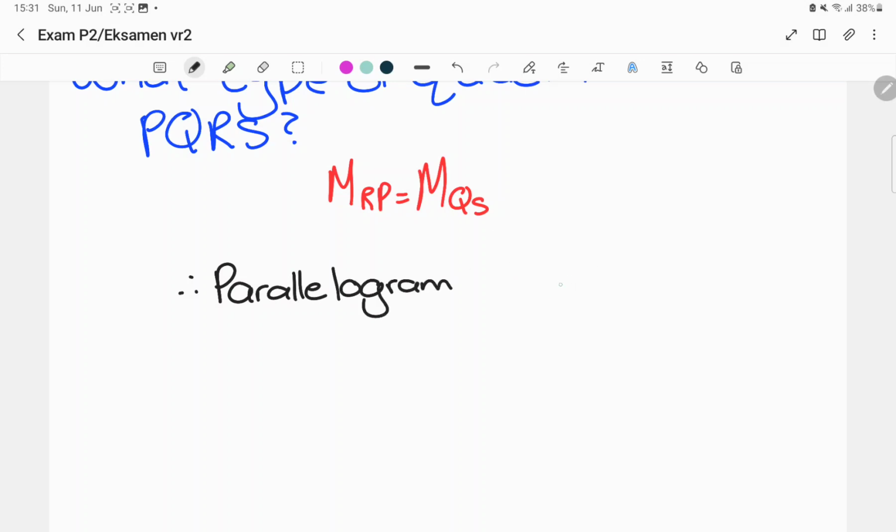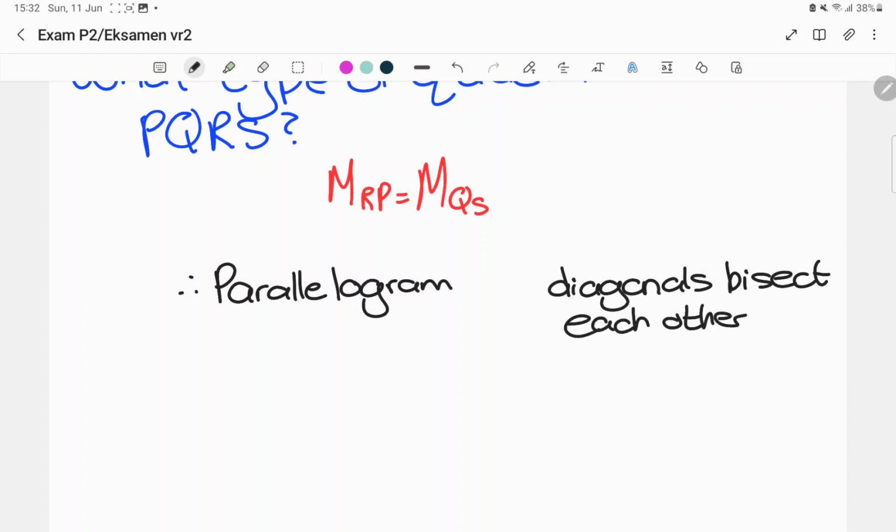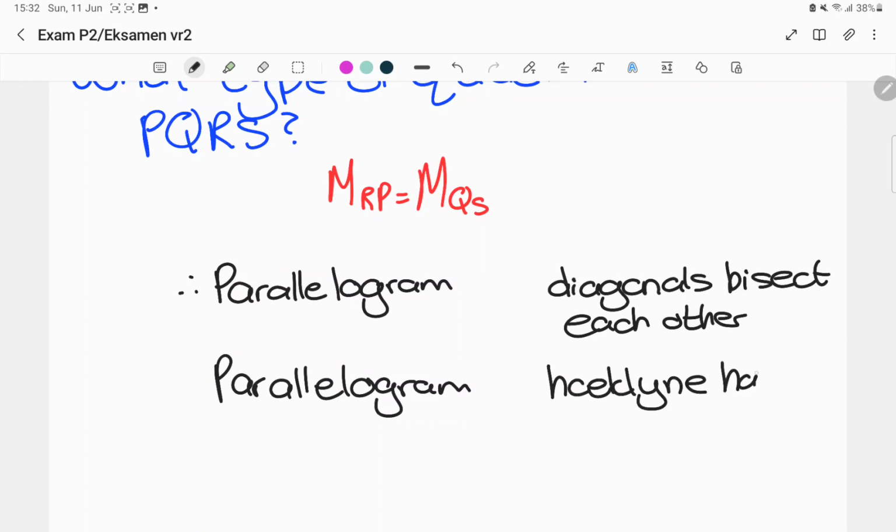Alright, so you can say it's a parallelogram because, and your reason would be, your diagonals bisect each other. Or in Afrikaans, sal jy ook sê dis 'n parallelogram en jou rede is hoeklyne halveer mekaar.